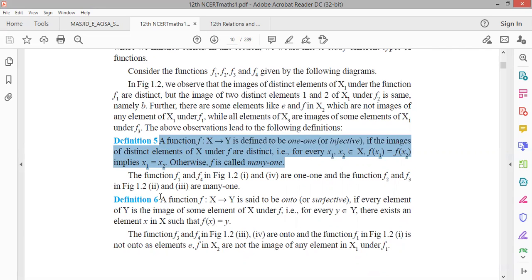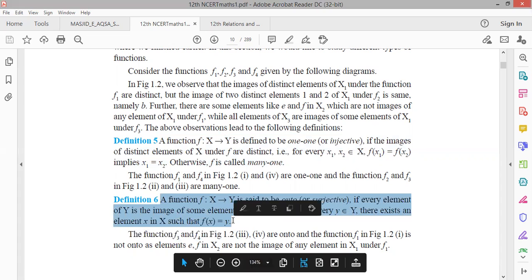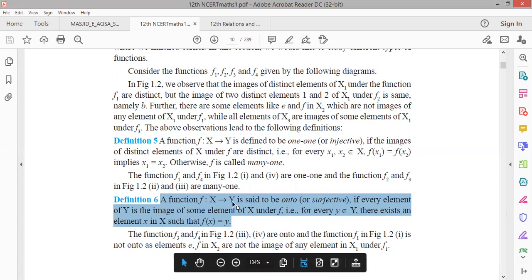The next type of functions is called onto function, or it's also named as surjective function. A surjective function is a mapping from domain to a given codomain, if every element of codomain is the image of some element of domain X under the given mapping f.